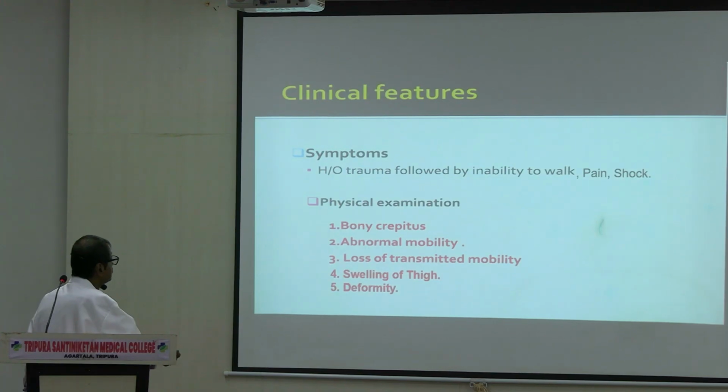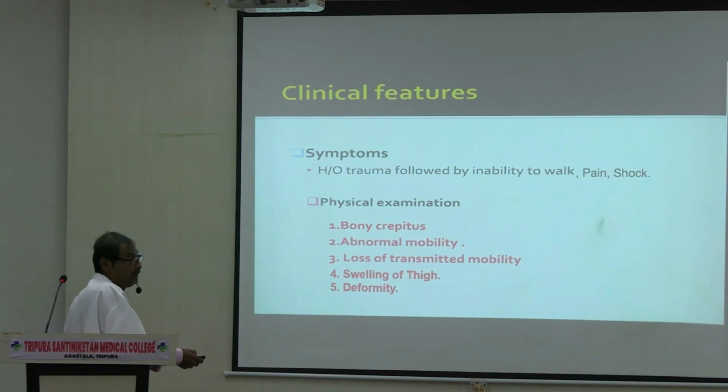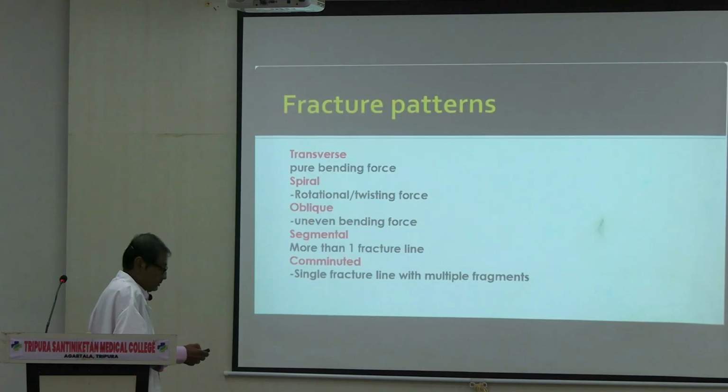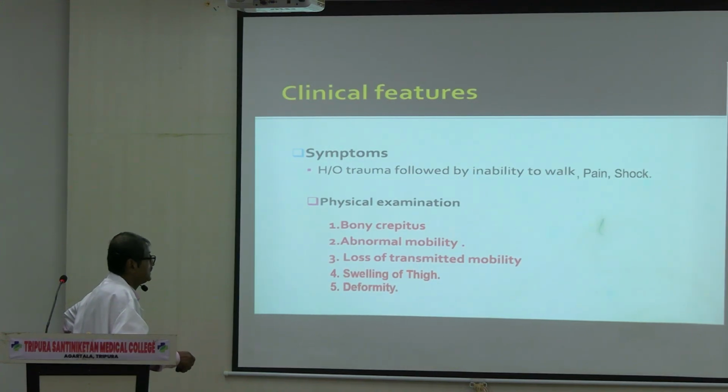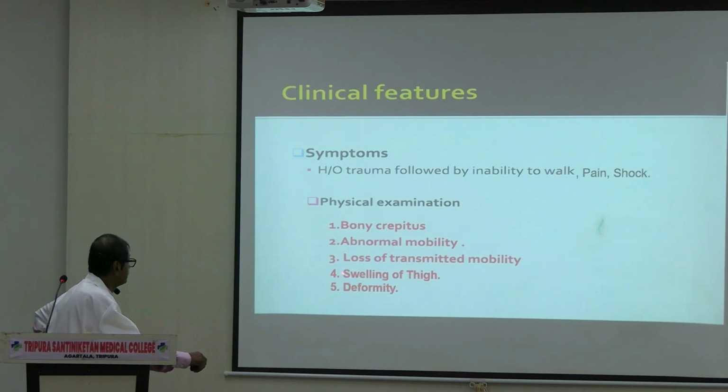So a patient will come with a history of trauma, and may have shock. Shock I told you. Pain, unable to walk, and whenever you move the bone, the patient cannot move it; there will be abnormal mobility, loss of transmitted movement, swelling of the thigh, and deformity.